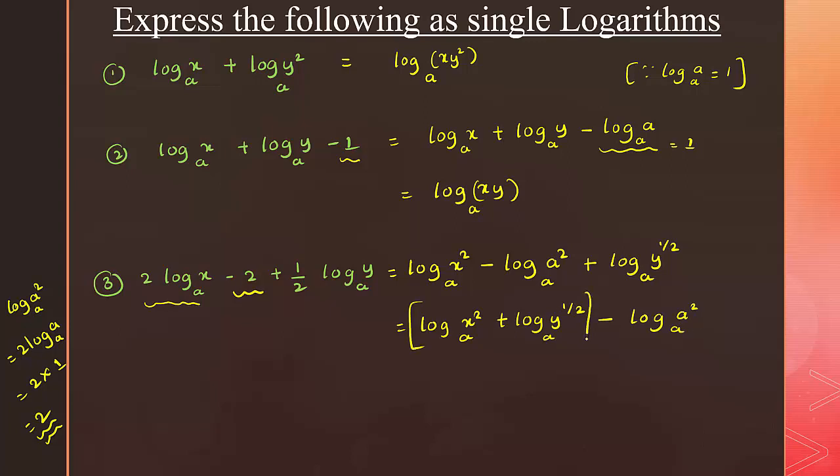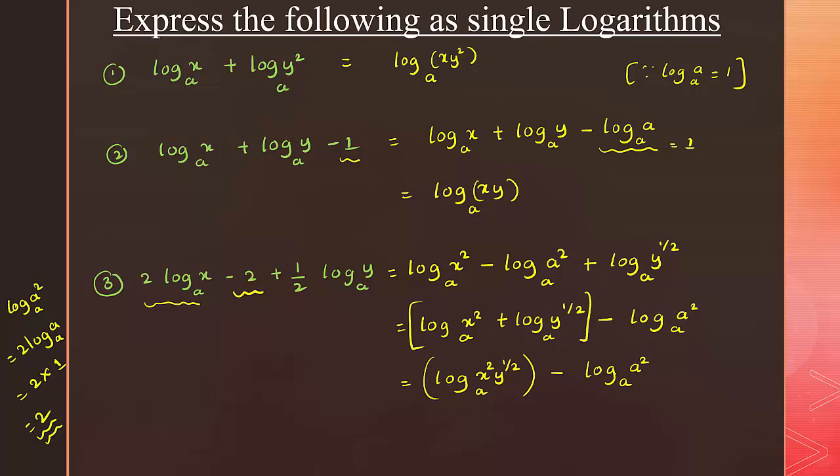Here I can apply the first rule, that is the additive identity. So I can write directly, the argument should be the product here. So x square y raised to 1 by 2 to the base a. So this is the first rule, minus the remaining, log a square to the base a.